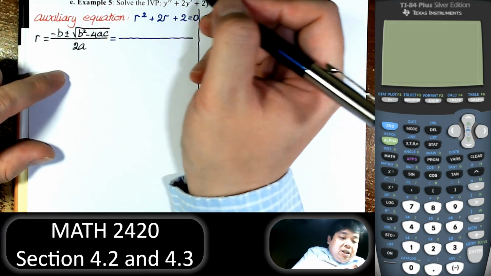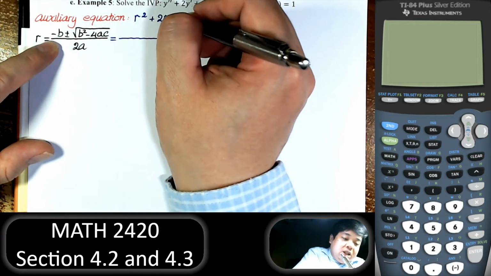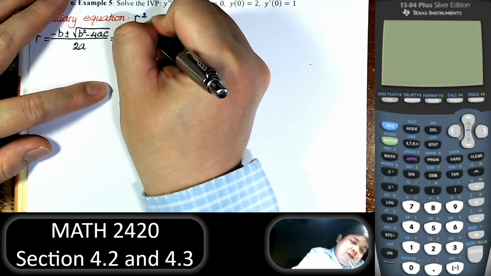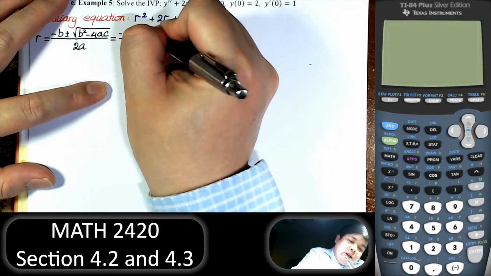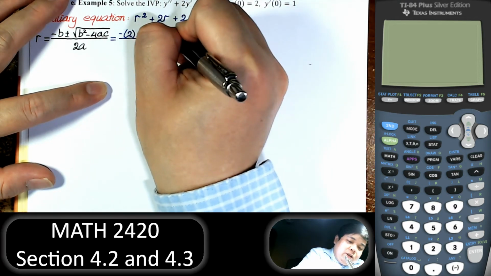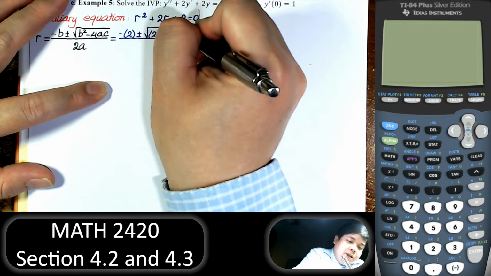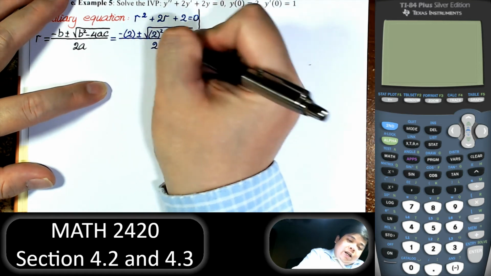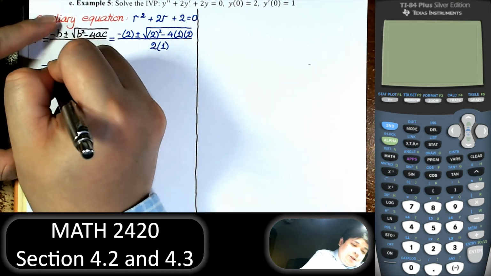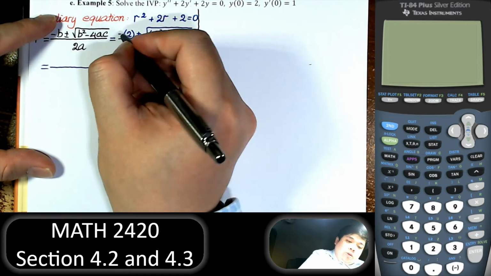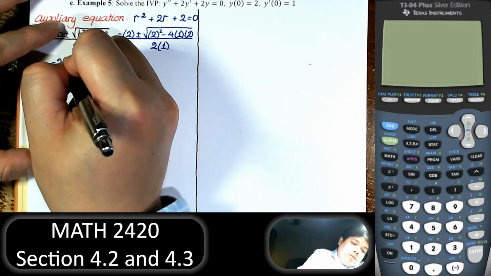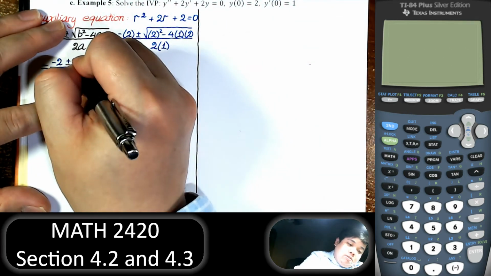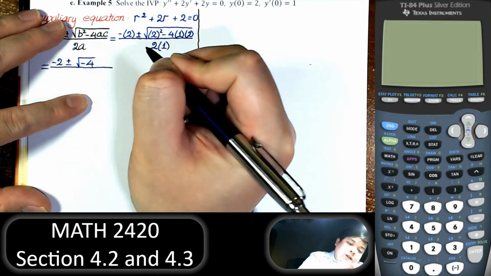Right, A is 1, B is 2, C is 2, so negative 2 plus or minus square root of B squared minus 4AC over 2A. We write this as negative 2 plus or minus square root of 2 squared is 4 minus 8, so that is minus 4, over 2.